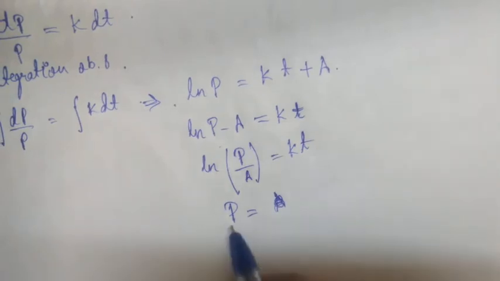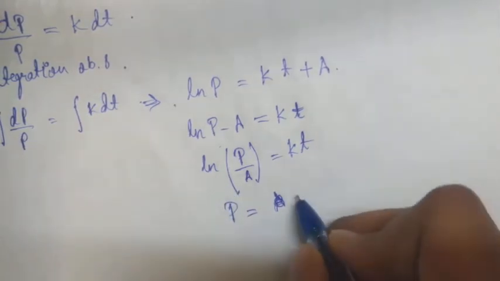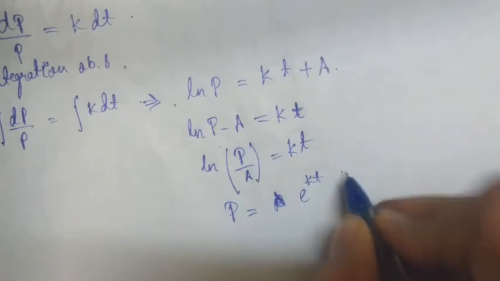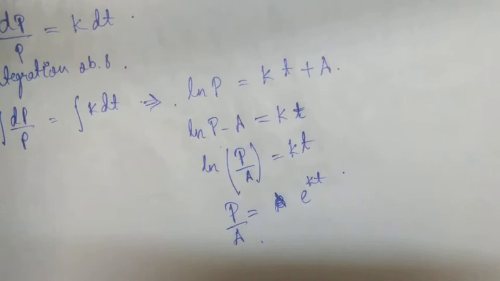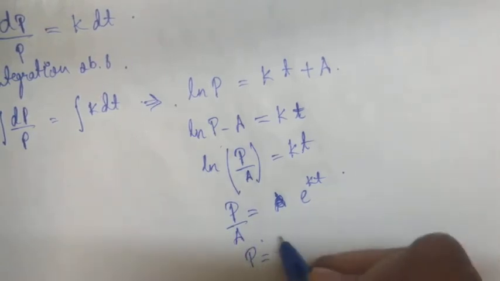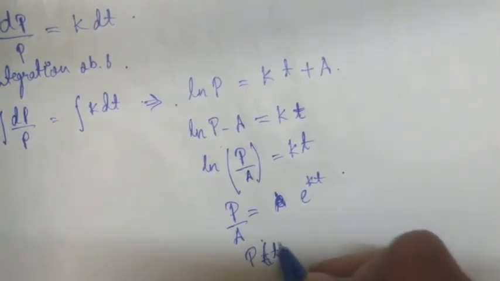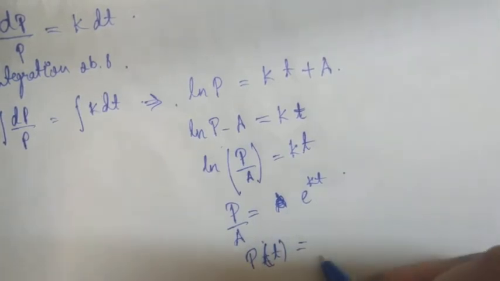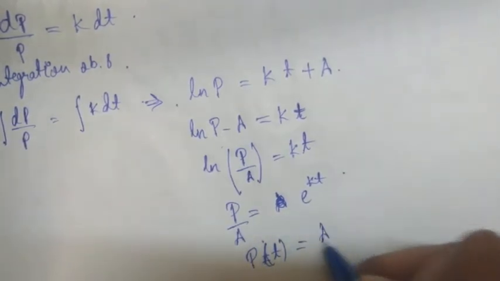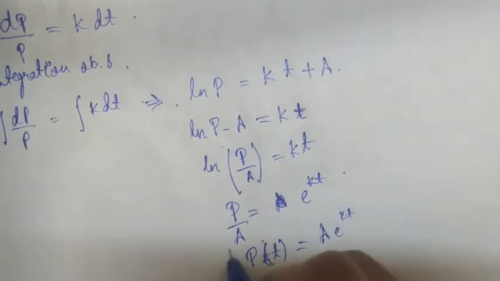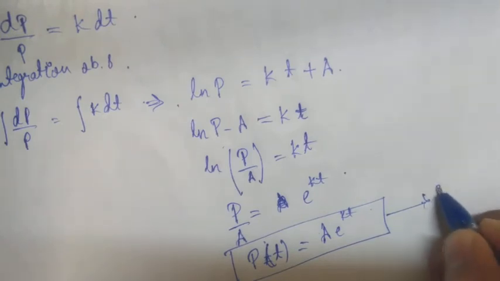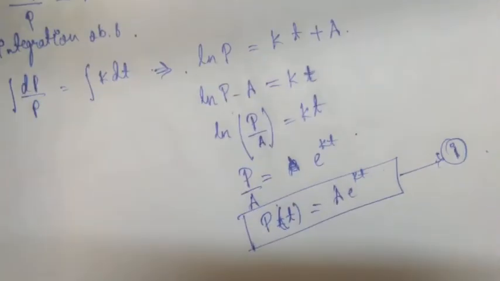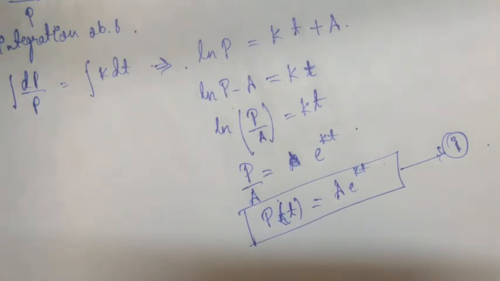Sorry, if we take the exponent here, we get e to the power of kt, divided by a. So that will be P of t, since we are taking population depending on time, P of t is equal to a e power kt. Let's take this as equation 1. So this is the population depending on time.